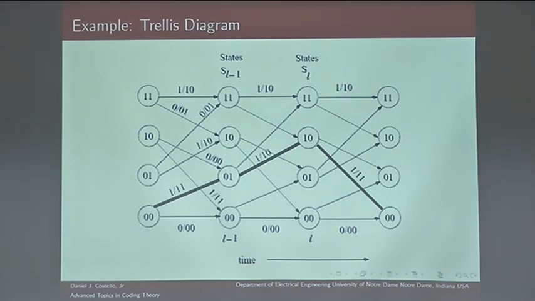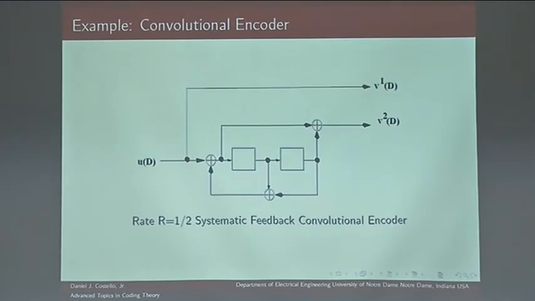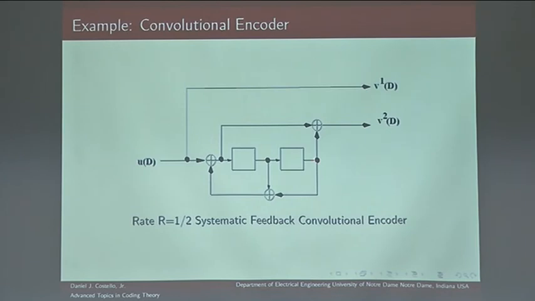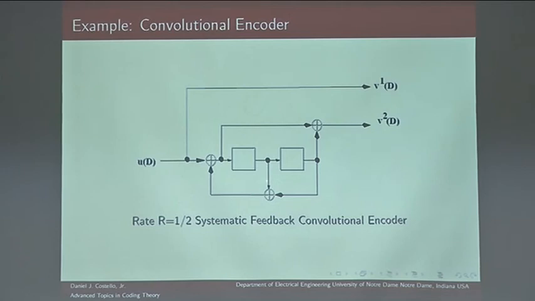Any questions on this? No, you don't have to. I mean, it depends on how you want to think of this. If you want to think of the first bit here in the state as being associated with here or here. The way I was thinking of it, the first bit here would be associated with this register stage.